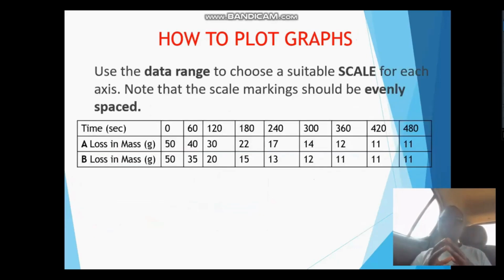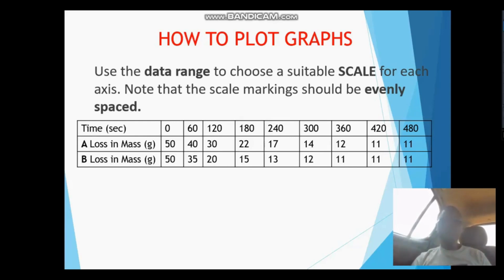When you have been given data in form of a table, the first thing you need to do is to choose the suitable scale for each axis. So when you look at the time interval there, you'll note that it was measured every 60 seconds.